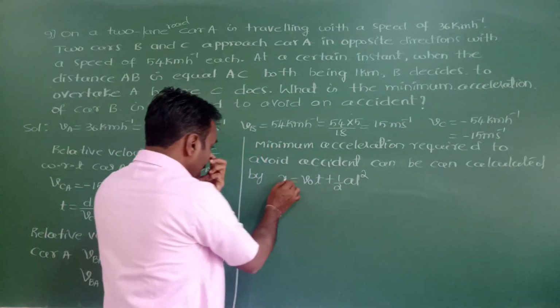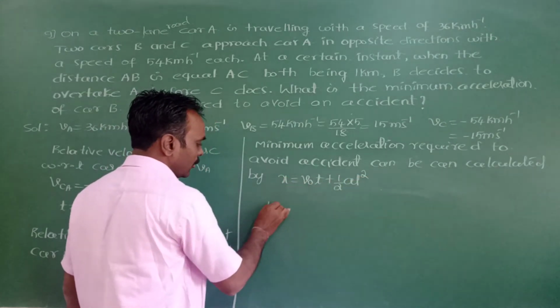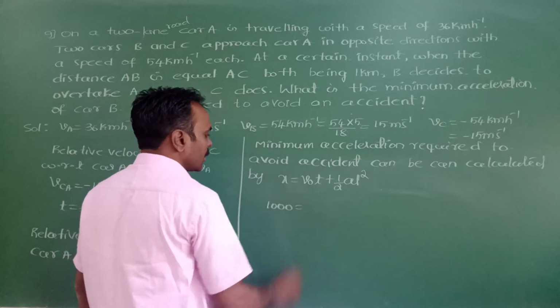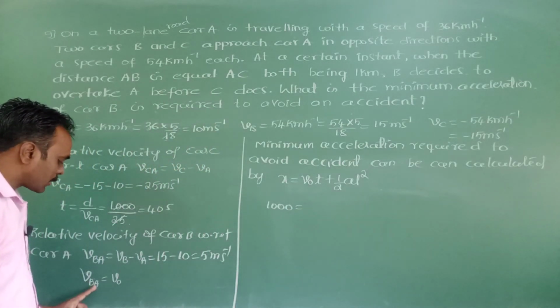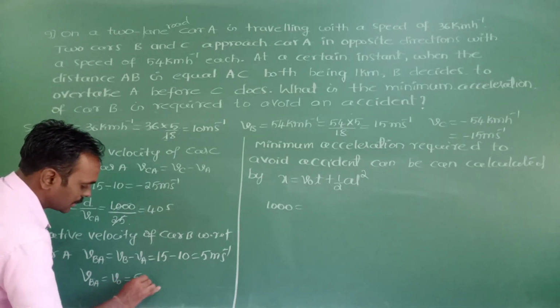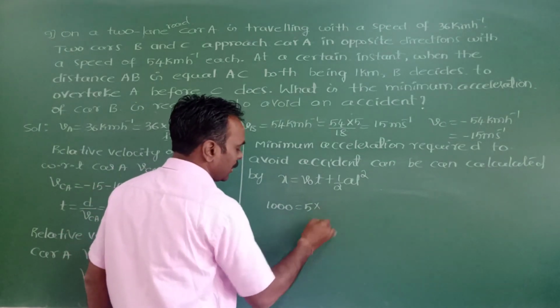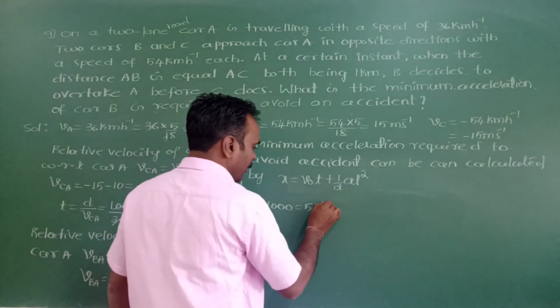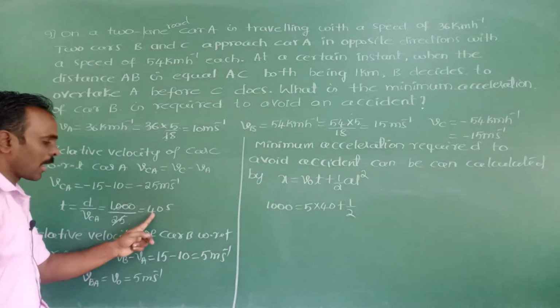So what is the distance? The distance of car A from B is equal to 1000 meter. So what is the initial velocity? I'll take this velocity of B with respect to A as the initial velocity, and it is 5 meter per second. Okay. So then what is the time? 40 seconds, which we have calculated.